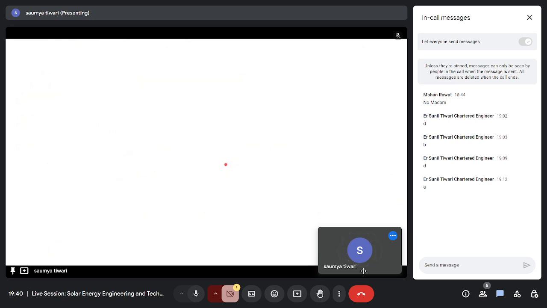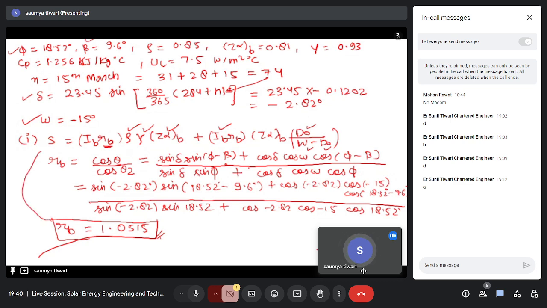Now, from the RB value, we now know all the values. We can put RB back into this equation.